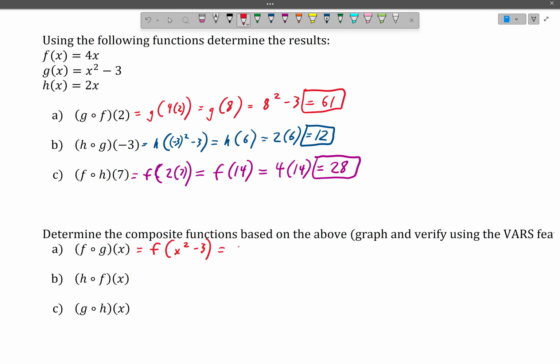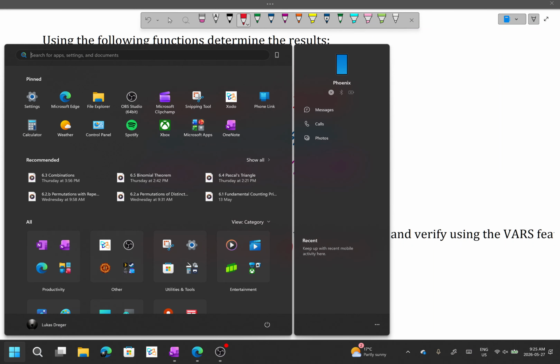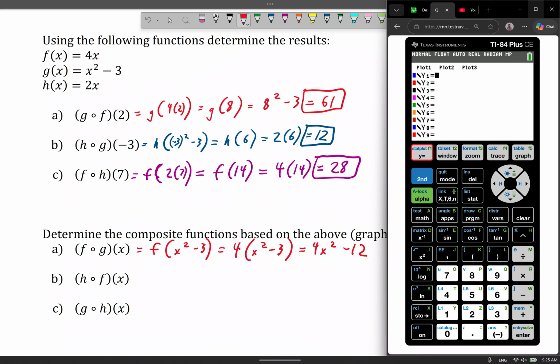So that part in brackets is going to go instead of my x in the f function, which means that we're going to have 4 times, and then this is instead of x, which means that we can write it like this, and then we can graph using the vars feature. Now, this is a bit of a weird one when we're graphing with the vars, but we're going to put in 4x here.